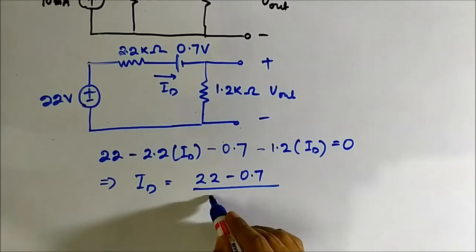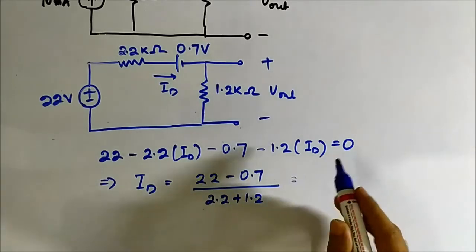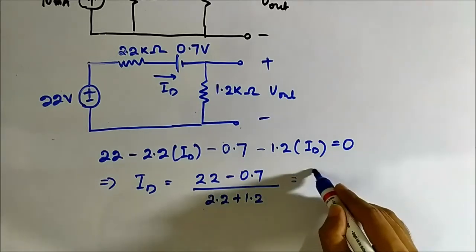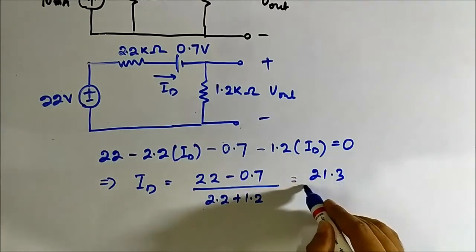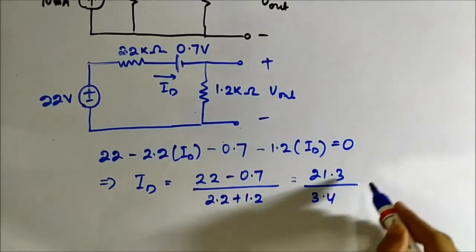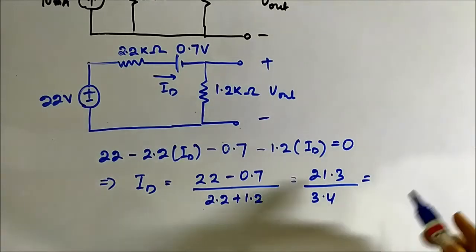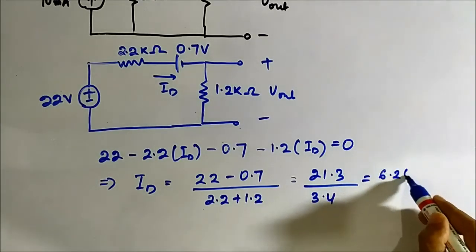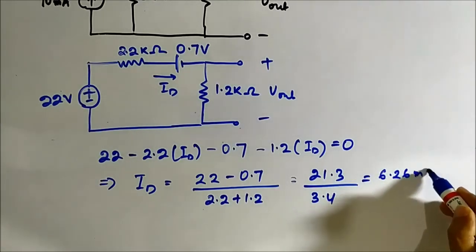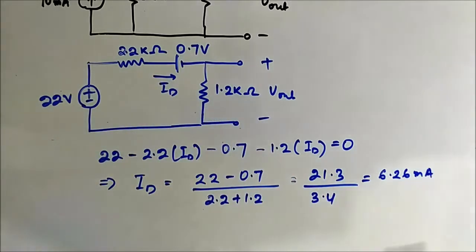So it will be 22 minus 0.7, that is 21.3, by 3.4. Let us calculate what the value will be: it's 6.26 milliampere. It's in kilo ohm, so it will be in milliampere. So ID is 6.26 milliampere.